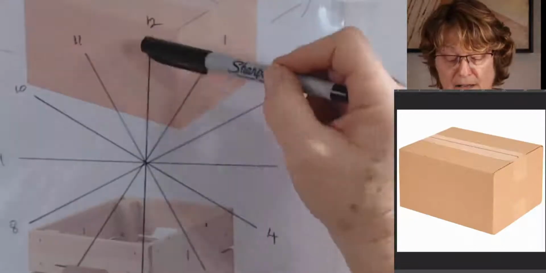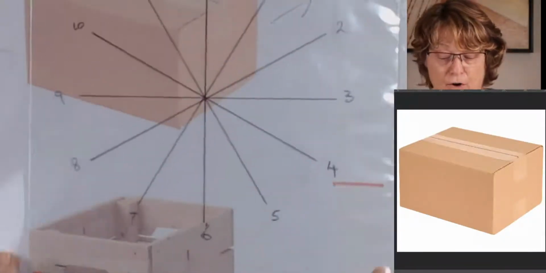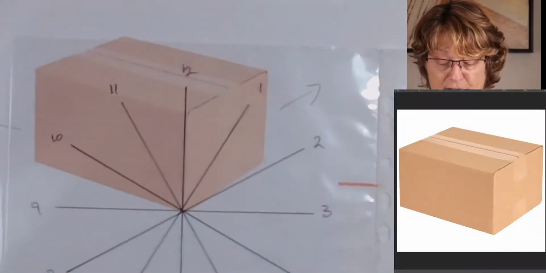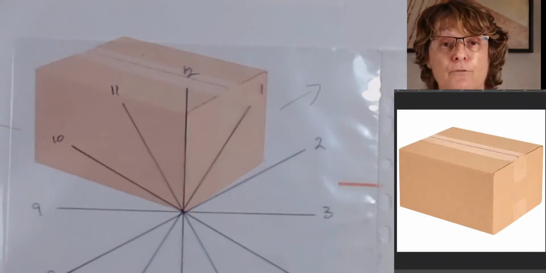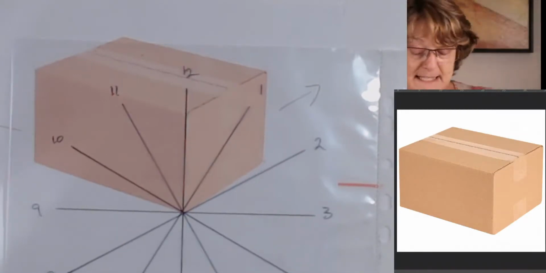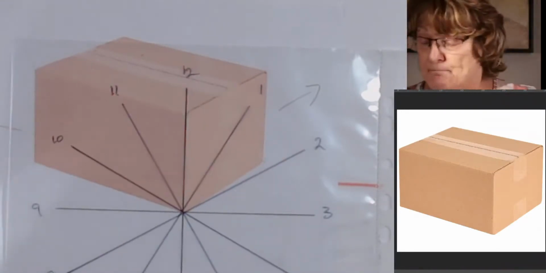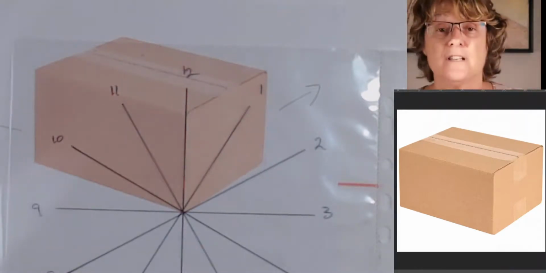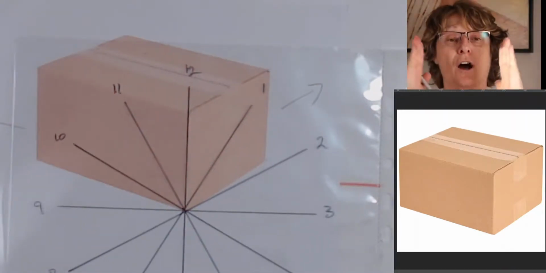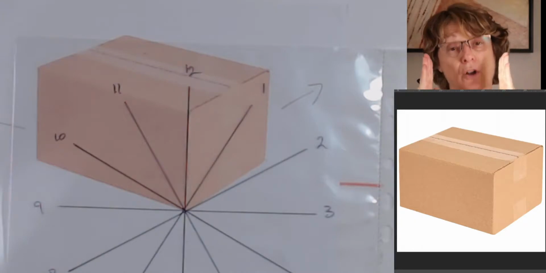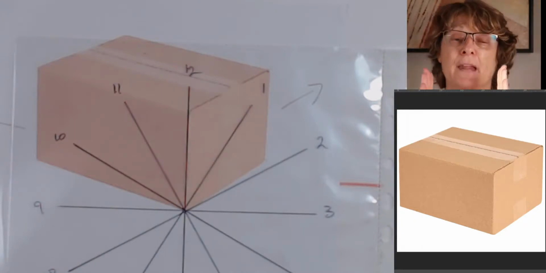You put your 12-6 line on a vertical line of your box. Now let me say that most of these buildings and boxes are going to have verticals that remain parallel.